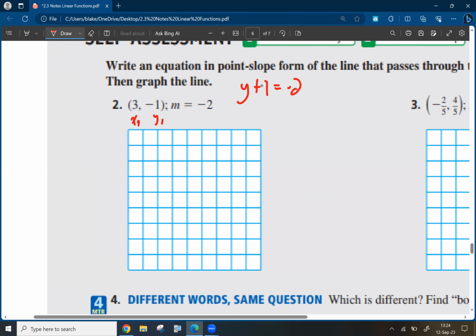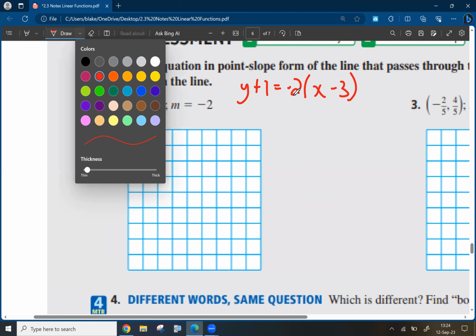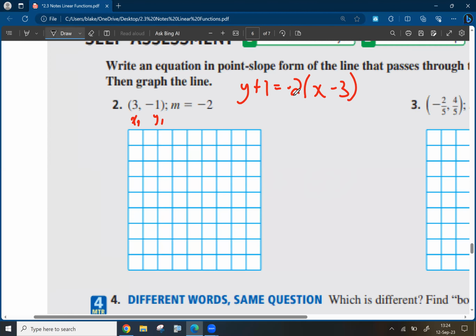M is -2, and then it'd be x minus x1, so x minus 3, because you can see the x1 value is 3. So this is my equation. And now I want to graph this line. So 3, -1, slope -2.